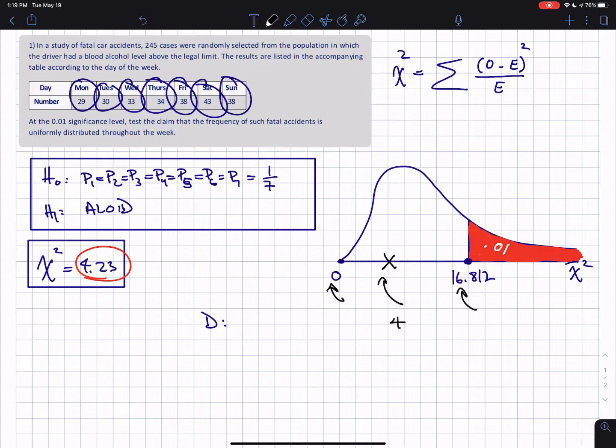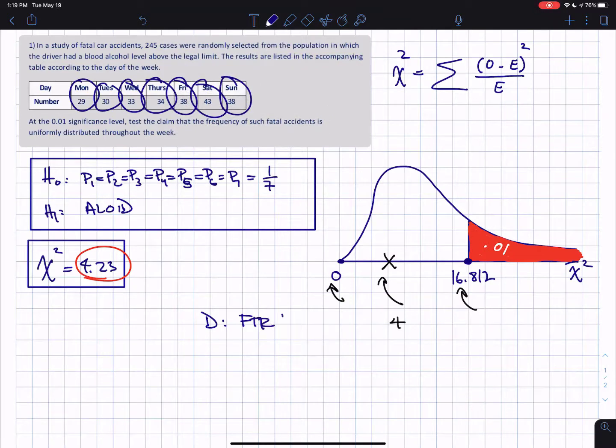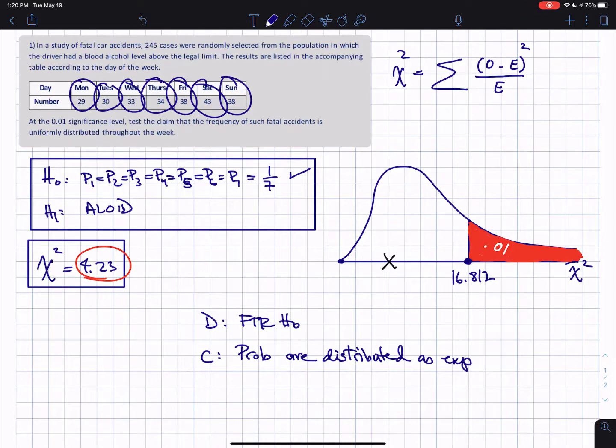And we know when that happens, we have to say fail to reject the null hypothesis. All right, so fail to reject the null hypothesis, which means the null hypothesis is actually true because you couldn't reject it. So the conclusion here is to say probabilities are distributed as expected.